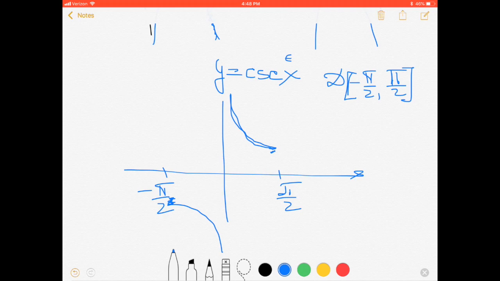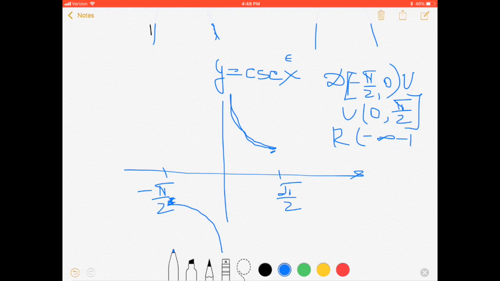I think it's maybe better if I write it like two parts: negative pi over 2 to 0 and 0 to pi over 2, and range will be from negative infinity to negative 1 included, and from 1 to infinity. You see how complicated a part of cosecant x we take.